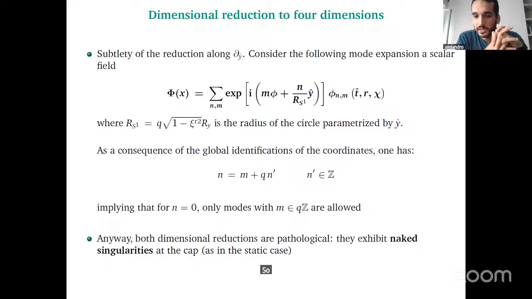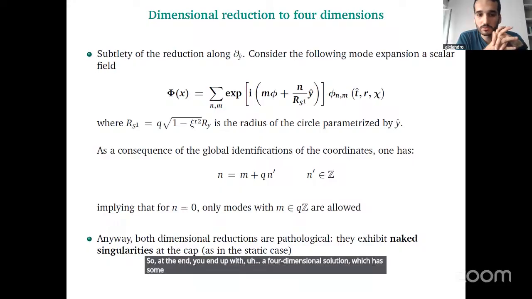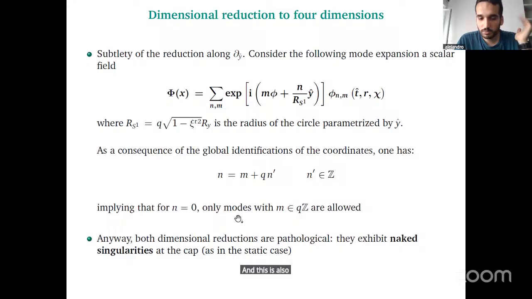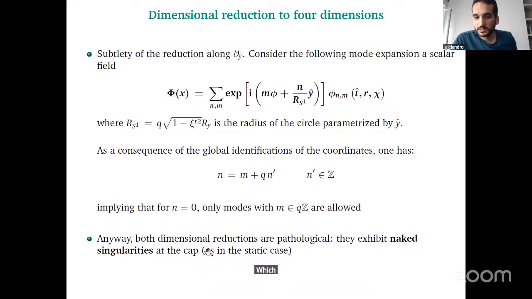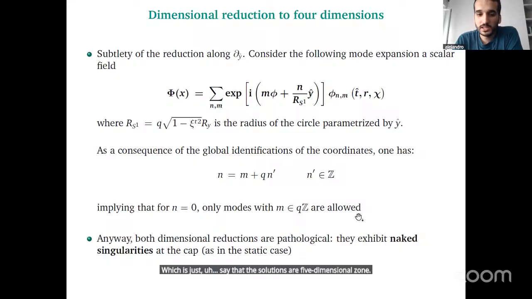So at the end, you end up with a four-dimensional solution which has some naked singularities and breaks down at some point. And this is the case both here and of course in the static case, which just says that the solutions are 5-dimensional, and insisting on viewing them as 4-dimensional solutions has problems.